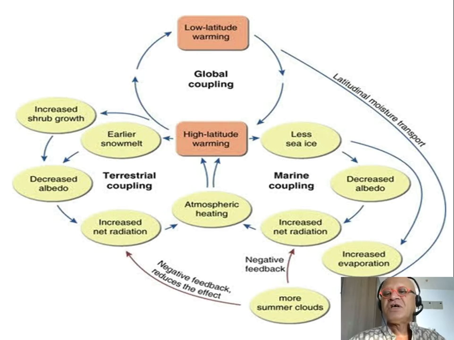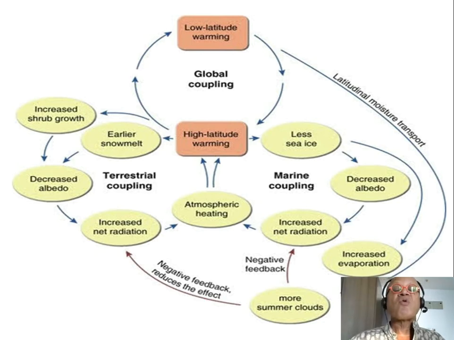So you have a loop there, but you have another loop. If less ice, then evaporation can increase. So if you reduce sea ice, which is a very good insulator, the ocean is going to evaporate more because even though high latitudes can be warmer, the atmosphere is still pretty cold. So it's going to sweep up more water vapor from the ocean.